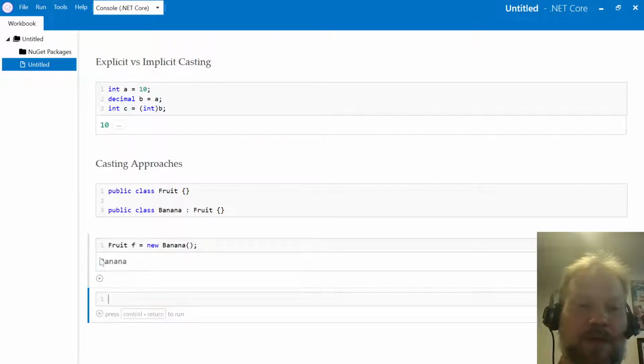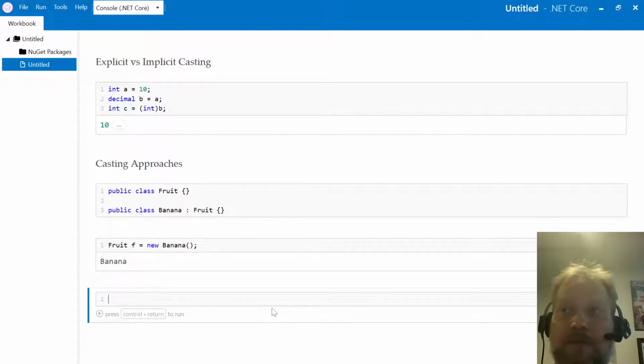If I run this, notice that it works perfectly fine, because this is, again, an implicit cast. A banana is derived from fruit, therefore we can treat it as a fruit. That's not a problem. Going the other direction is where it gets a little more complicated.